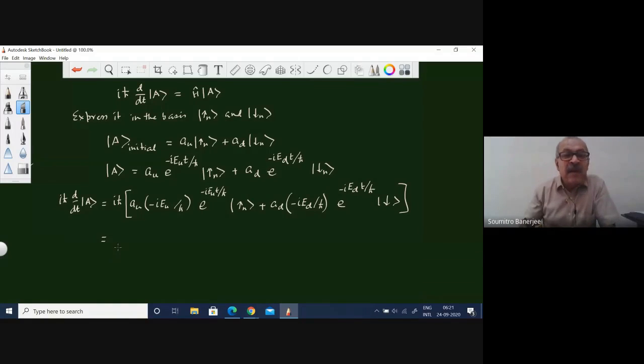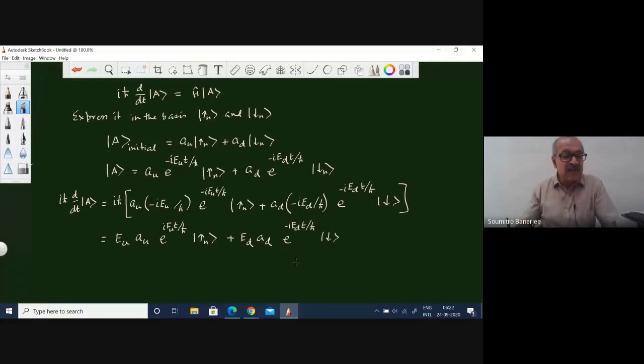Now let's see. This is E_up here, A_up here, and it is e to the power minus i E_up t by h cross, up, plus this is E_down, A_down, is this term, e to the power minus i E_down t by h cross, down.